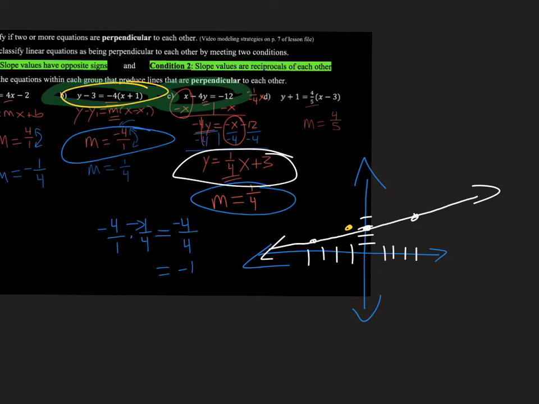And that slope, when we went to graph that line, we'd be looking at going down 4 units over 1. So we would have this line here, and at their point of intersection, we would get a 90-degree angle. So all of these are 90-degree angles. So those two equations are said to be perpendicular.